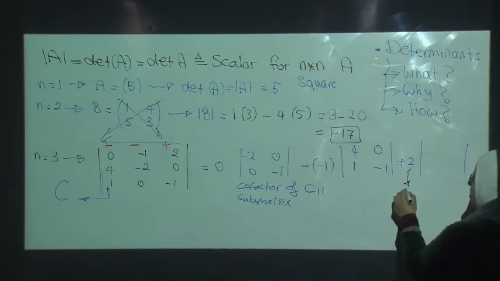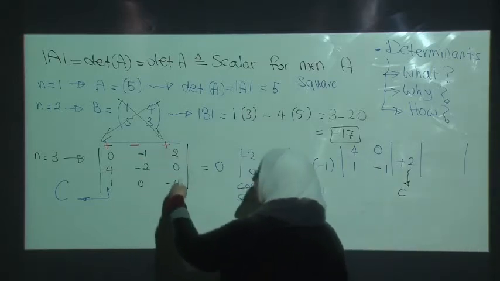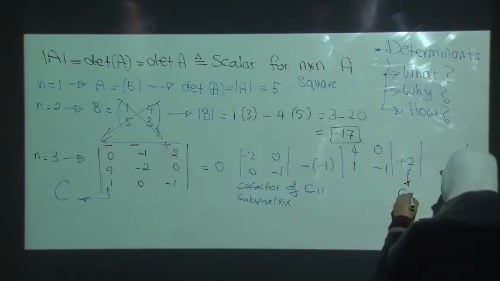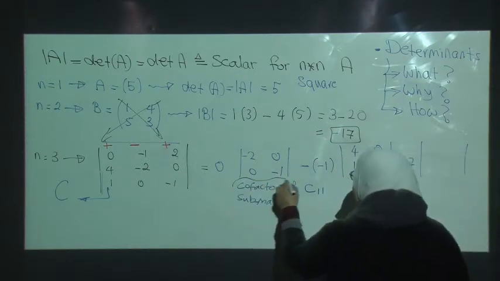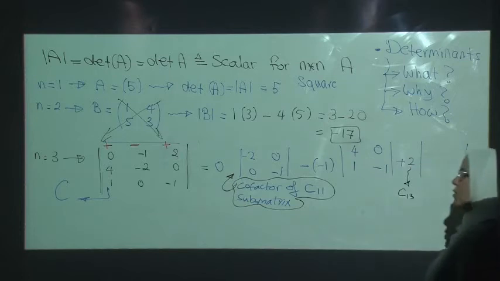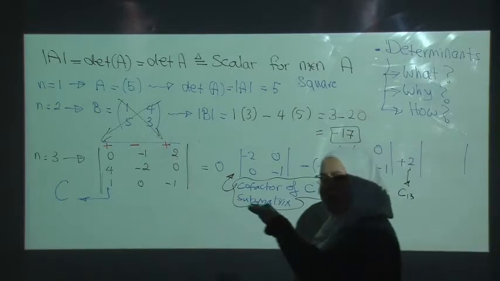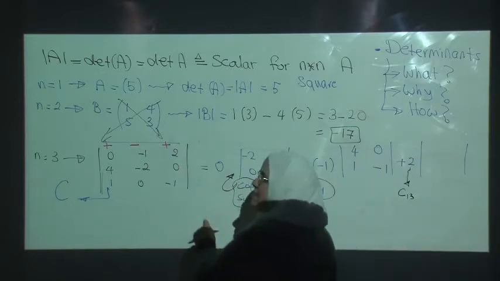This 2 is C. We are still in the first row, third column, so it's C1, 3. Yes. This matrix is called the cofactor of C1, 1. Okay, so it's 2 times what? Let's eliminate the row and the column where 2 exists.